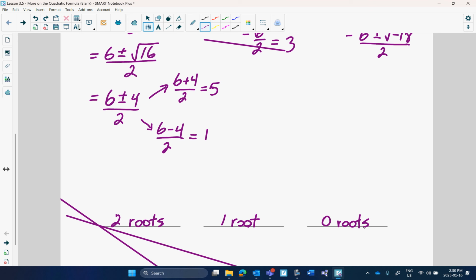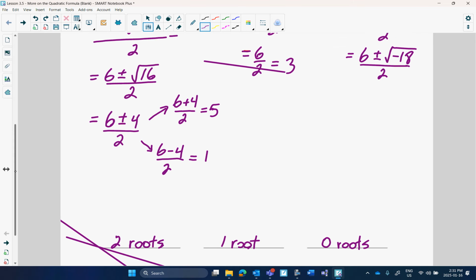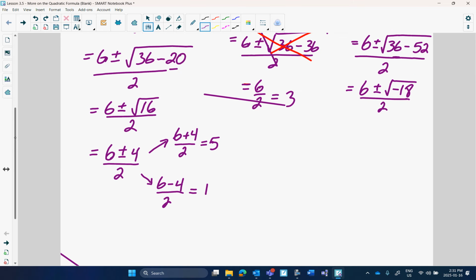Now, what if I just asked you guys, instead of solving it, okay, so here's an equation. Tell me how many roots this has. How many solutions? Does it have 2? Does it have 1? Does it have 9? And notice we use the quadratic formula.